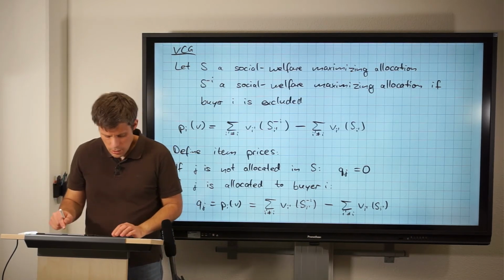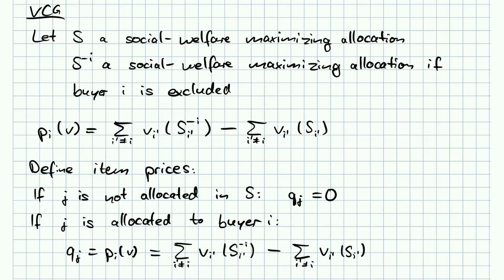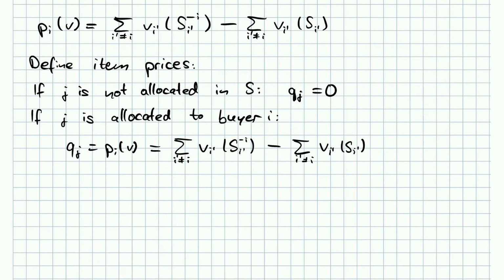And now we claim something very simple, namely we claim that (S, q) is a Walrasian equilibrium.